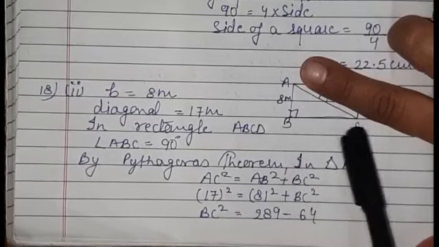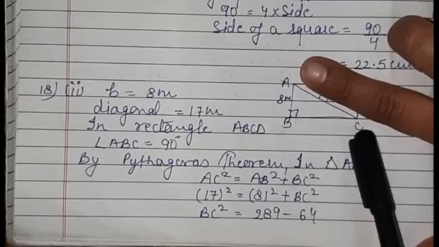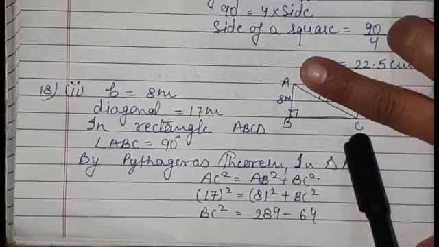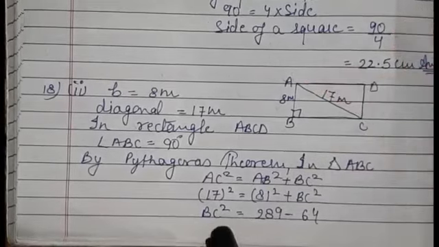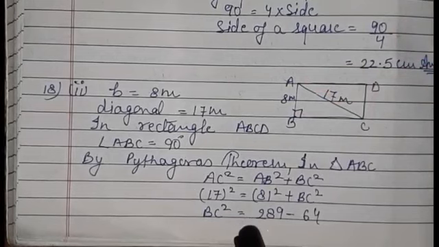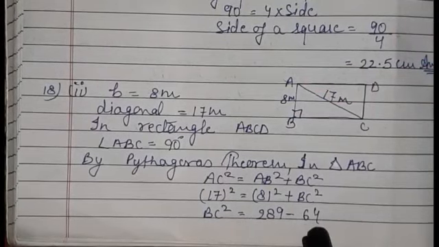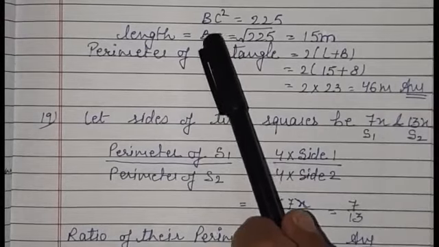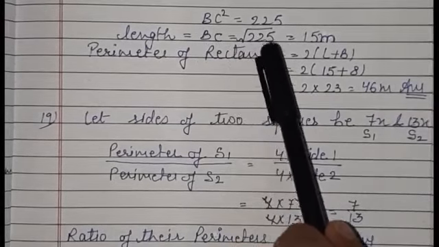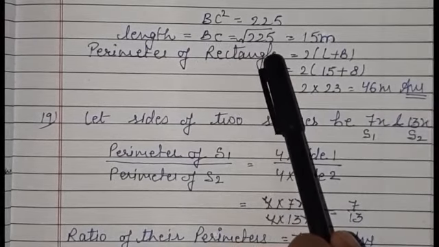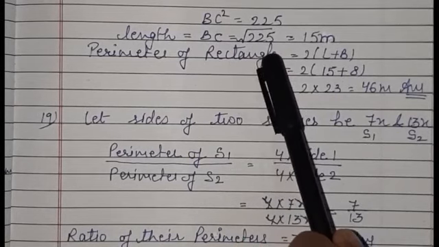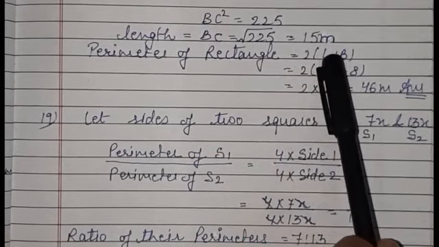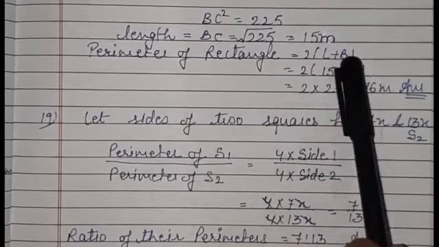So we can calculate its base, means BC, means length. Right? So when we calculate, BC square is equal to 289 minus 64. When we solve, it will come BC is equal to square root of 225. So square root of 225 is 15 meter. Means length is 15 meter.